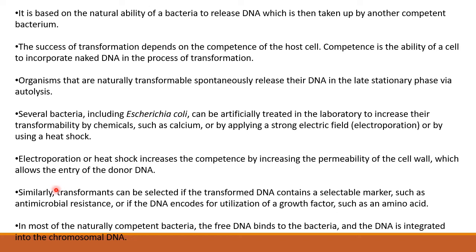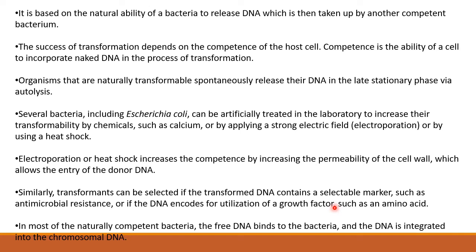Once the DNA has entered the bacterial cell, it can get incorporated into, say, chromosomal DNA, or if it is a plasmid, then it can get expressed by itself. Similarly, transformants can be selected if the transformed DNA contains a selectable marker such as antimicrobial resistance, or if the DNA encodes for utilization of a growth factor such as an amino acid.